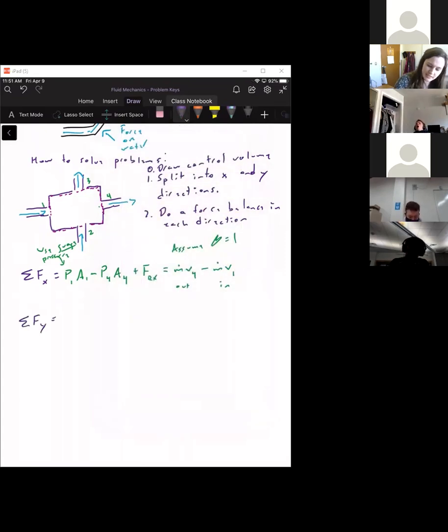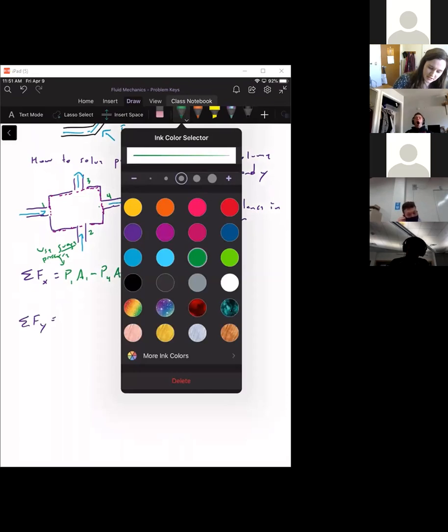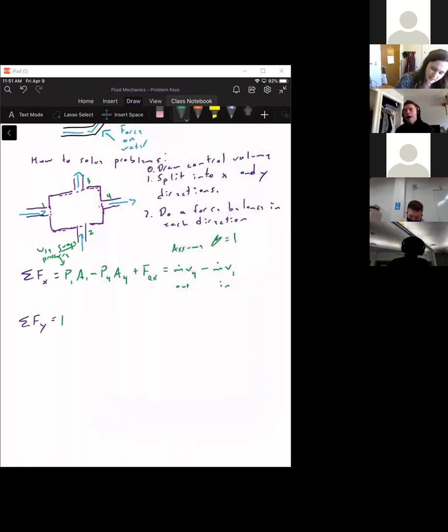And then you would do Y the same way. There would be a pressure pointing up at 2 and a pressure pointing down at 3 and a weight pointing down if weight is significant. And then 3 is going out in the Y direction, and 2 is going in the Y direction.